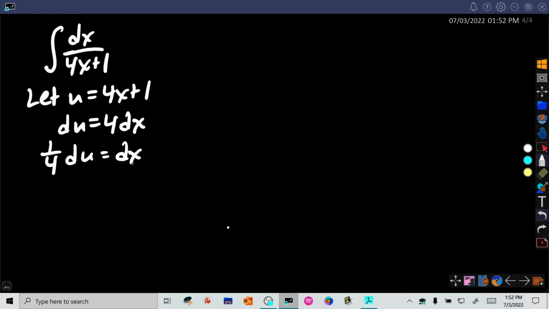So now, as a result, we can go ahead and make this substitution. So I'm going to have 1/4. Again, you can put the 1/4 on the outside or the inside. It really doesn't matter. It's just a constant term, so the integral really isn't going to be affected no matter what. You can just pull it out. And then you're going to be left with du over u, which is pretty much what we said previously.